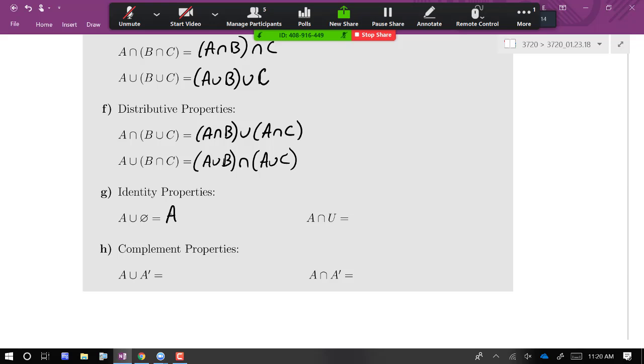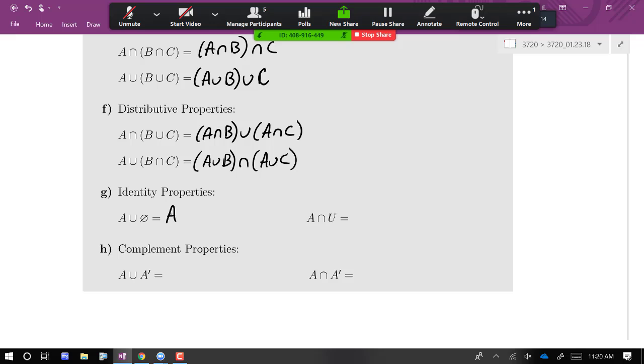If I take all the people in this room and intersect it with everybody on campus, who is both on campus and in this room at the same time? We just get A, right? It's just us. Everything in A automatically exists in its universe anyway.